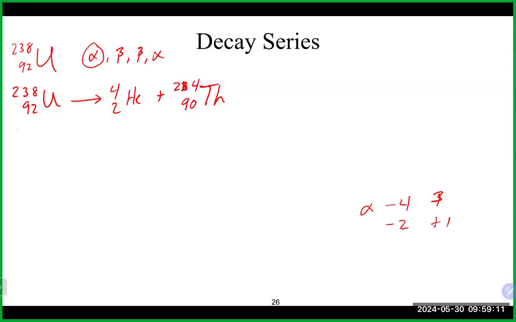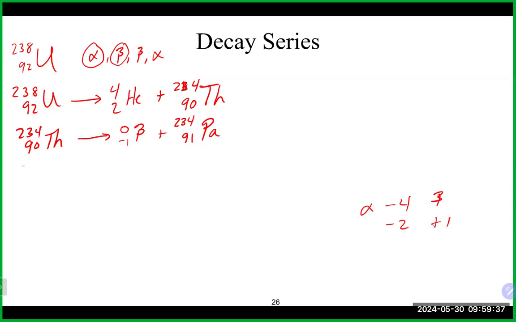Now that 234, 90 will then go through the next decay process, which is our beta, and a little 0, -1 happening there. Here we do need to go up because that's -1, so we would go to 91. We would also go to the periodic table there and look at 91. That's a Pa. Up there in terms of the mass number, it would stay at 234.